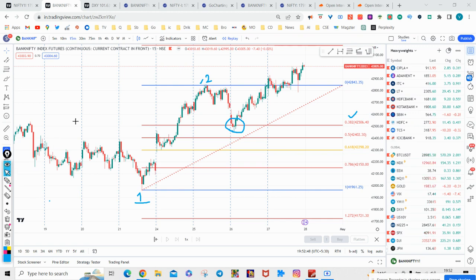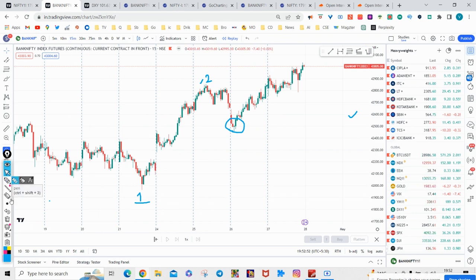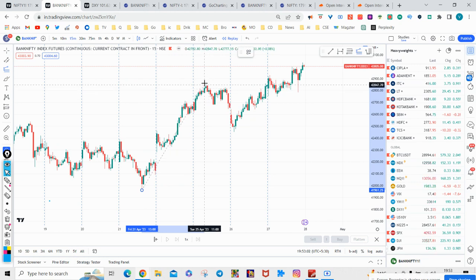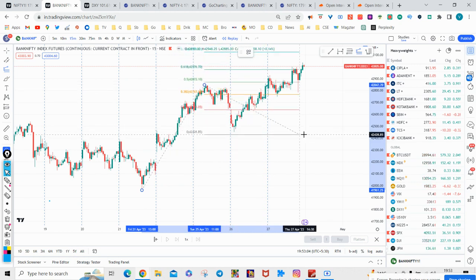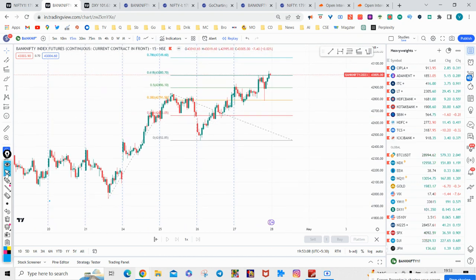You can get this information from the Fibonacci trend based extension tool. Just pick this low to this high and to the same low, and extend.